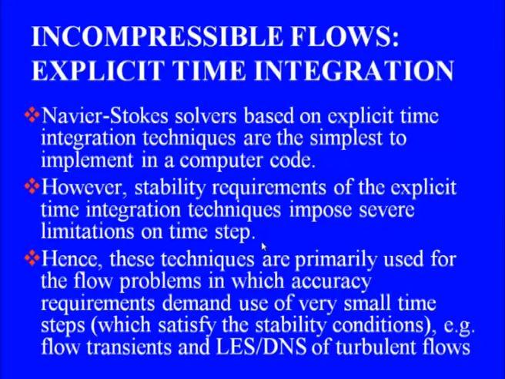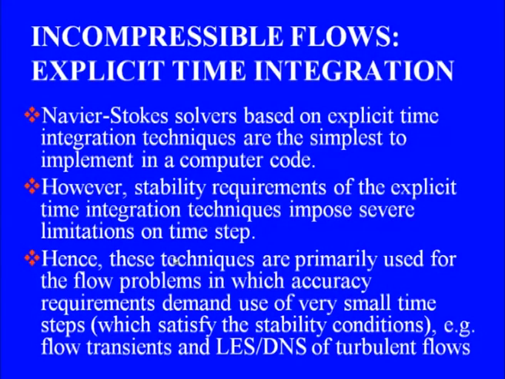So, explicit time integration schemes are primarily used for flow problems in which the accuracy requirements demand use of a very small time step. Such would be the situations where, for instance, something has happened suddenly, all of a sudden there is some disturbance in the flow field, and we want to capture those flow transients, or if we want to perform a large eddy simulation or direct numerical simulation of turbulent flows.